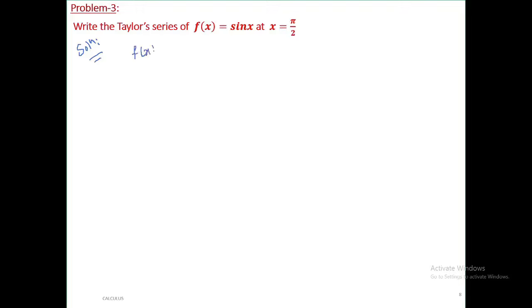You write f of x is equal to f of a plus f dash at a by 1 factorial into x minus a whole to the power of 1, okay, plus f double derivative at a by 2 factorial, right, into x minus a whole to the power of 2 plus f triple derivative at a by 3 factorial, okay, into x minus a whole to the power of 3 plus up to so on, right?